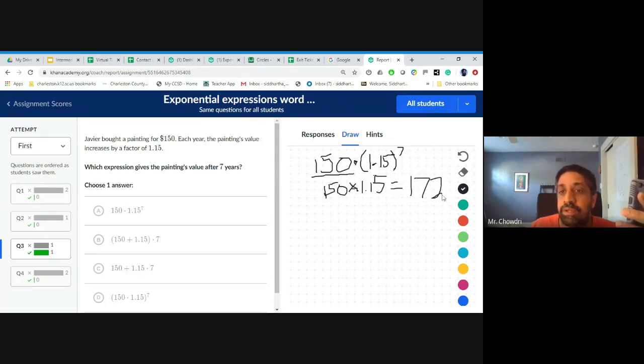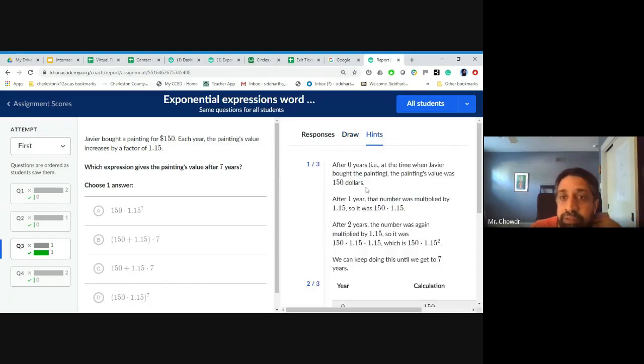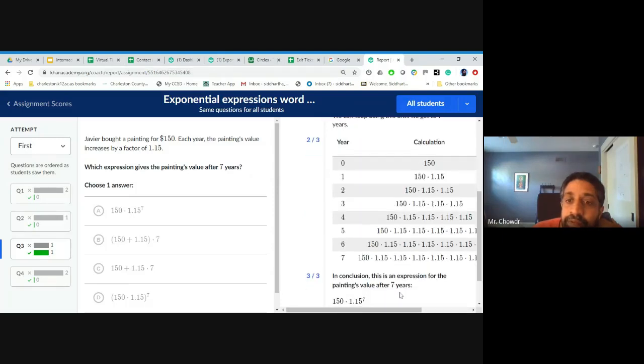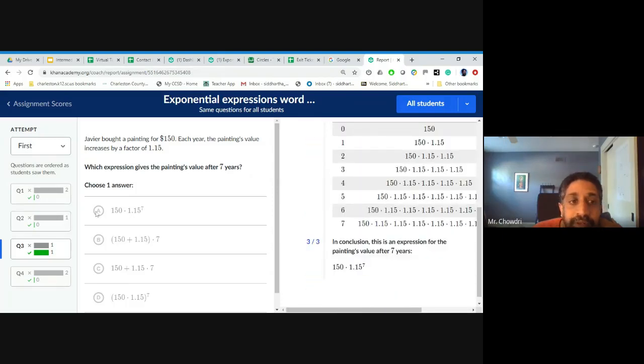So that's after 1 year. So then I take that and multiply it again by 1.15. So it's basically taking this and multiplying it by 1.15 7 times. So I'll flip over to hints. So this is what it's basically saying. It's saying the same thing that I did, which is that after 2 years, you would have 150 times 1.15 times 1.15 again, and so on until you get 7. And so the answer here is A.